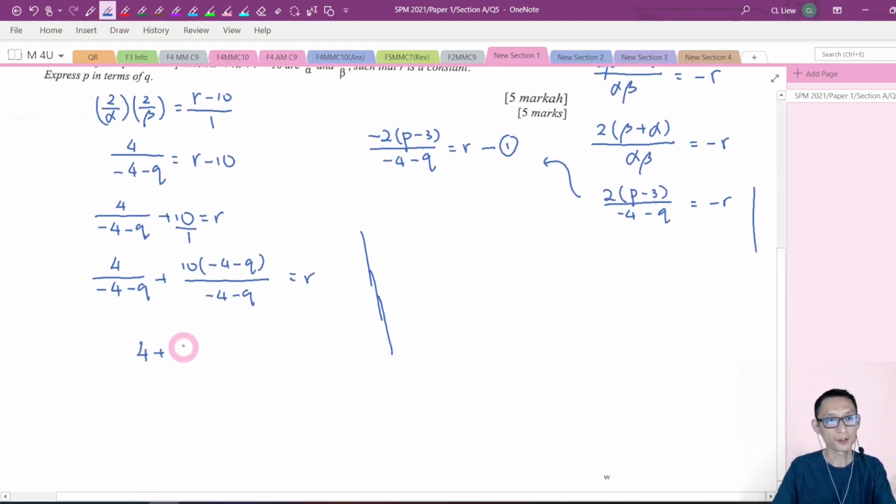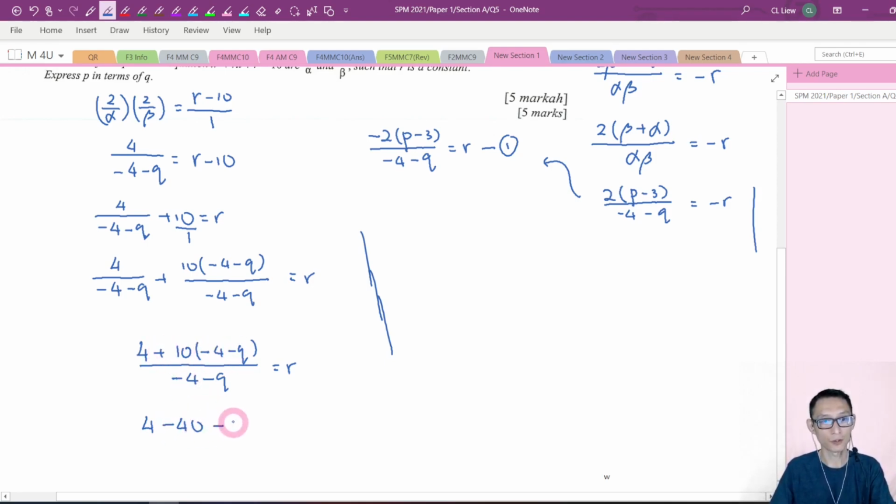Four plus 10 times negative 4 minus q over negative 4 minus q is equal to r. So let me do some expansion over here. Positive, negative become negative, positive, negative become negative 10q. Okay, let me double check.